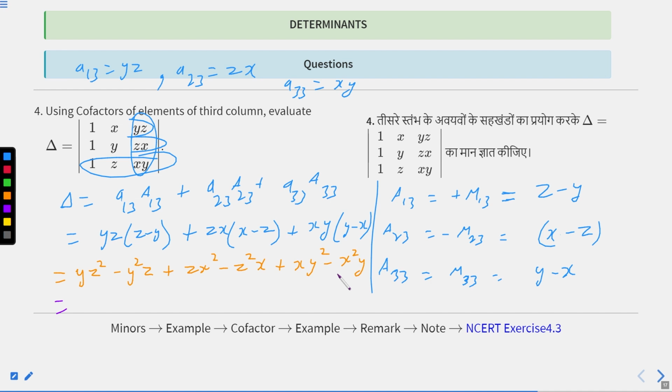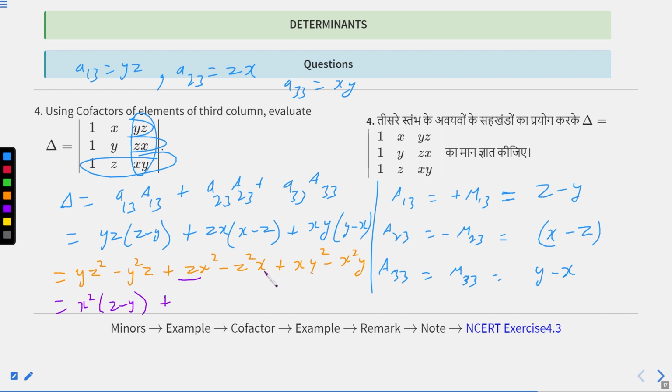Okay, now what can you think? One thing is very clear, that if you want to take something common, try to make some nice expression. So take common x square from this and this. What you will have? x square, z minus y.